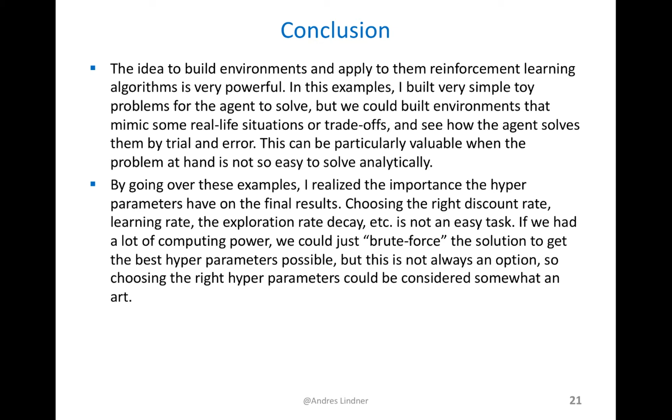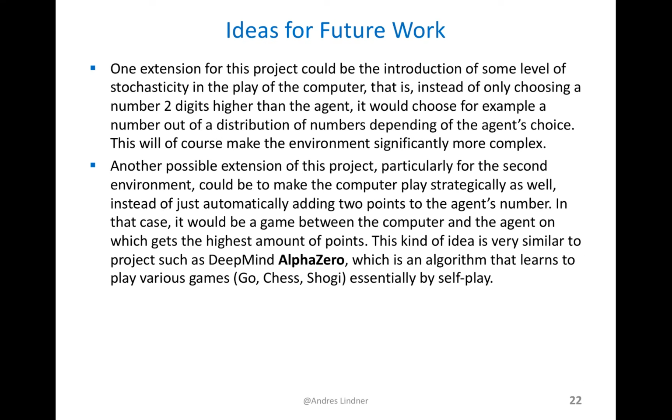It was very puzzling for me. I documented that in the report, so you can read about it there. And of course, you have other hyperparameters you need to tweak, like the learning rate and the decay of the exploration parameter. It was not so easy to get these parameters right. So this is something I also wanted to mention.